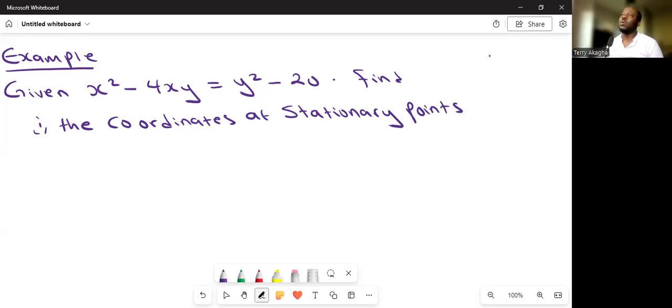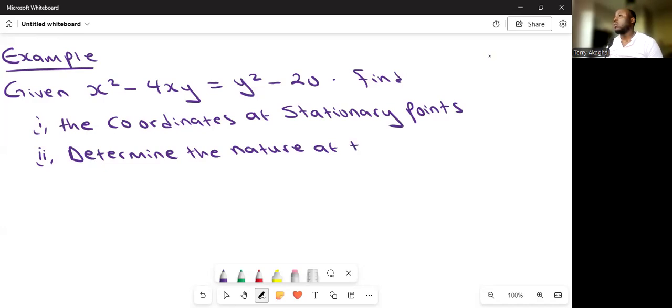And number 2, determine the nature of the stationary points. Let me just write stationary so that it's very clear.